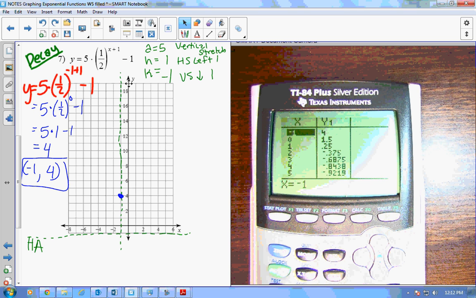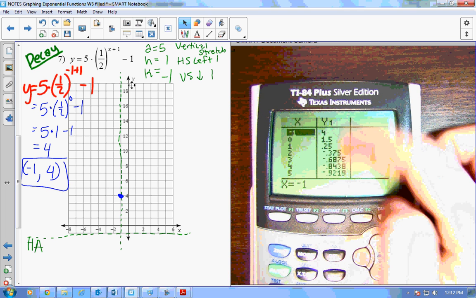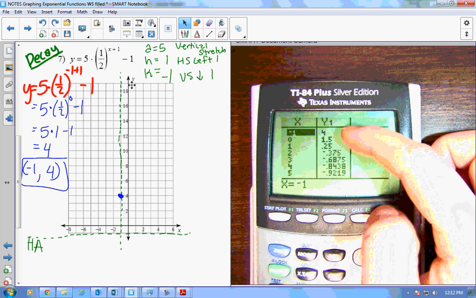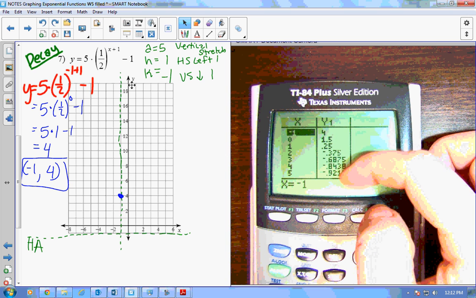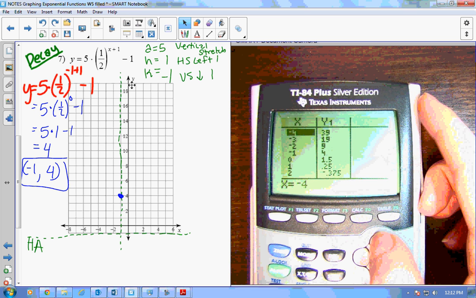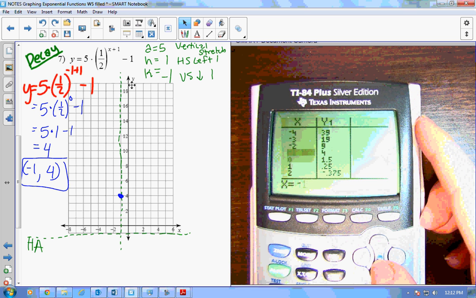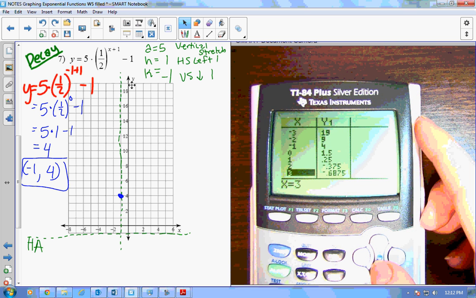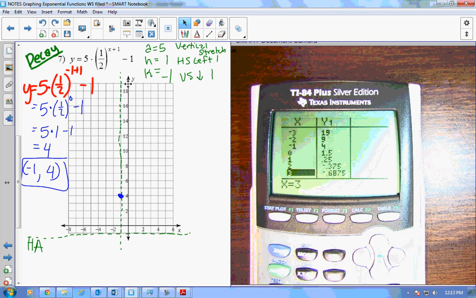Again, look at my graph. I go up to 20. Can I see 20 on here where the window is right now? I only see 4 and -0.9. So I'm going to go up until I find that 20. Oops, 39 is too high. Well, there's a bar above it, which is 20. Okay, and these are the points I would graph.